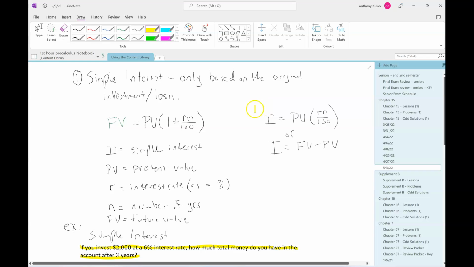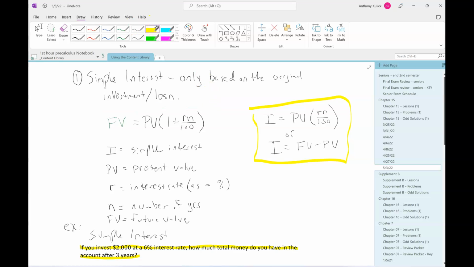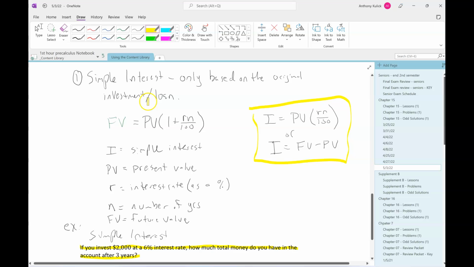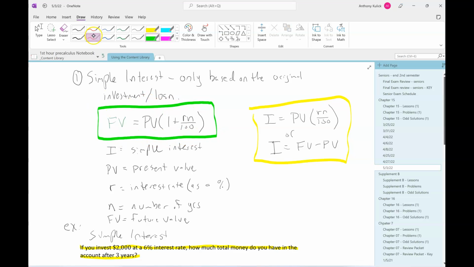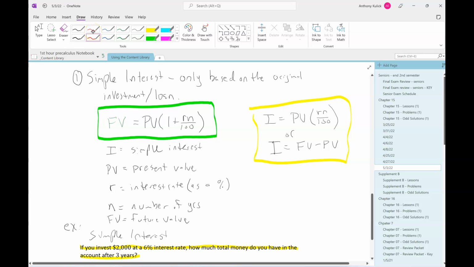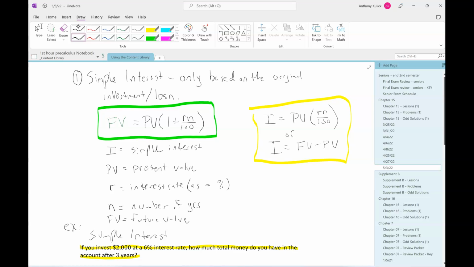So the simple interest is this, and this would be to calculate the interest, the yellow. But if you actually want to do a problem where you're asking how much money is the account worth, we would use the future value version, right? So if we asked how much interest was earned, we can use the one on the right. If you're asking for the account value, use the one on the left.